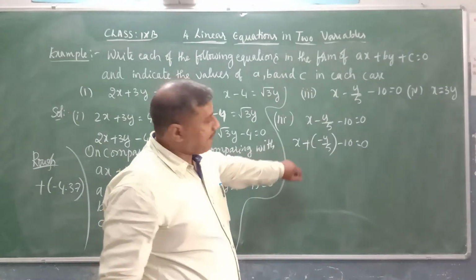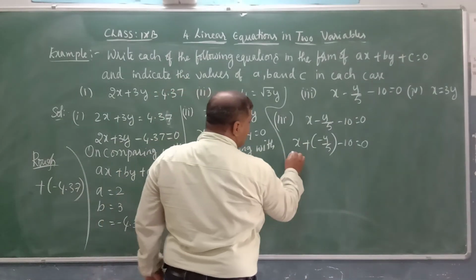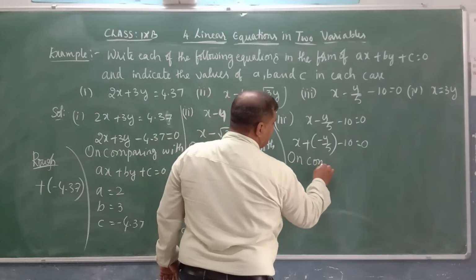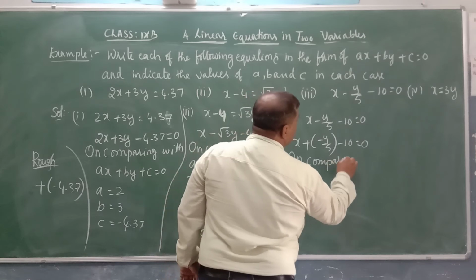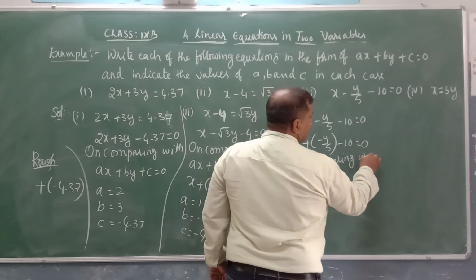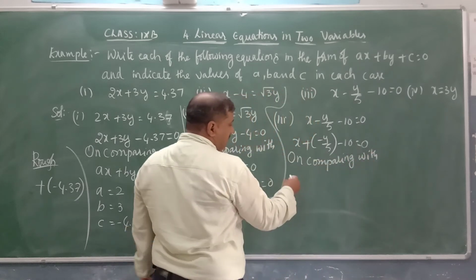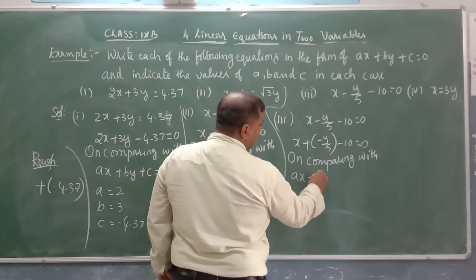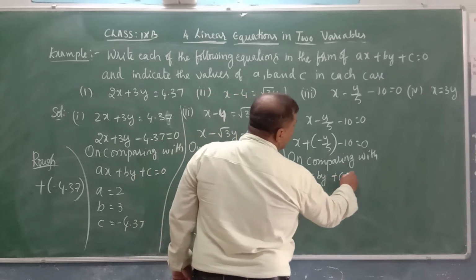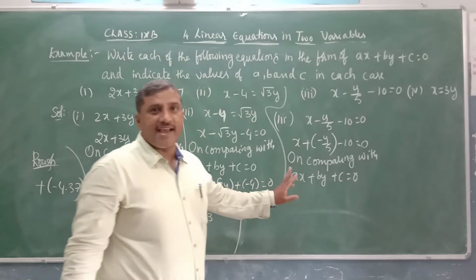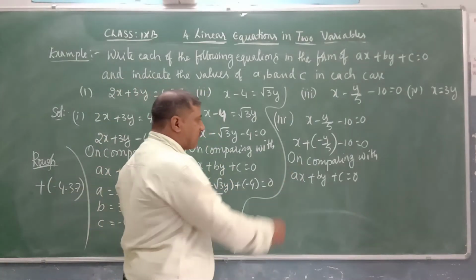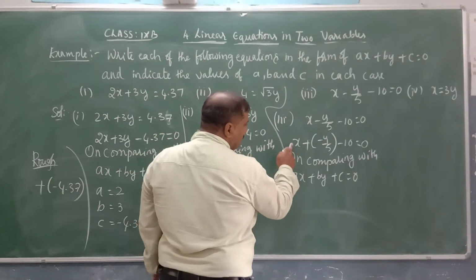On comparing with the general form, that is ax plus by plus c is equal to 0, where a is the x coefficient.